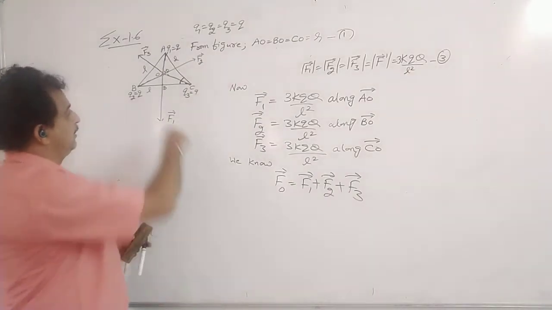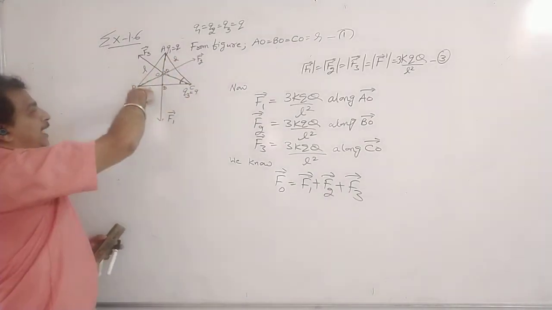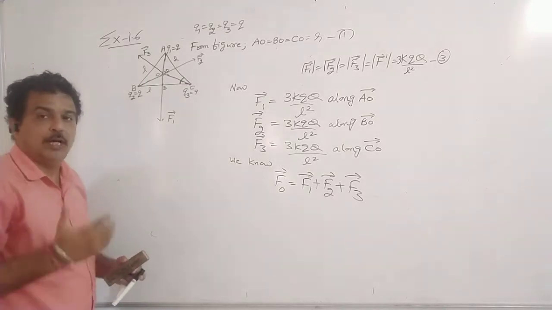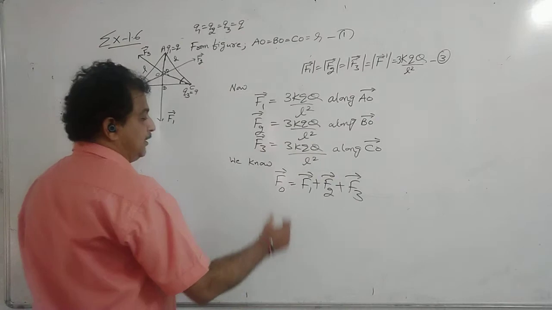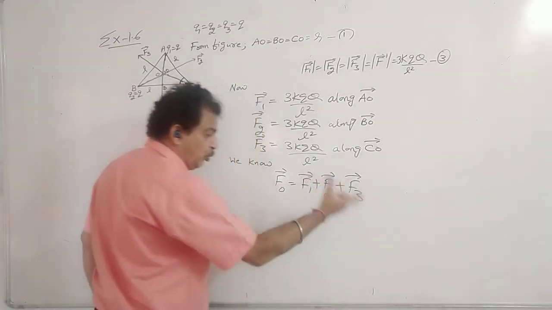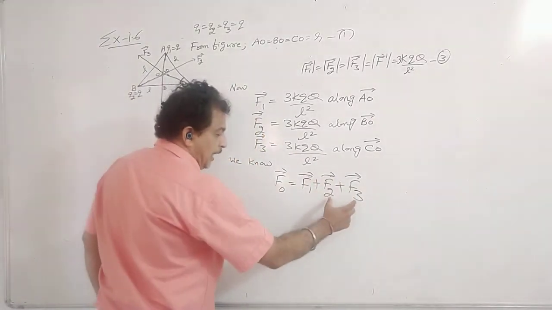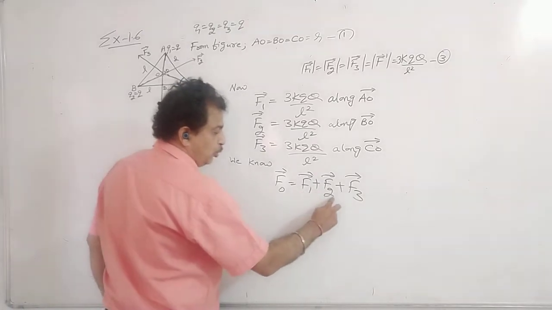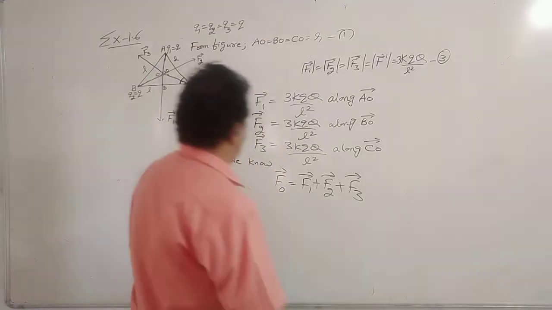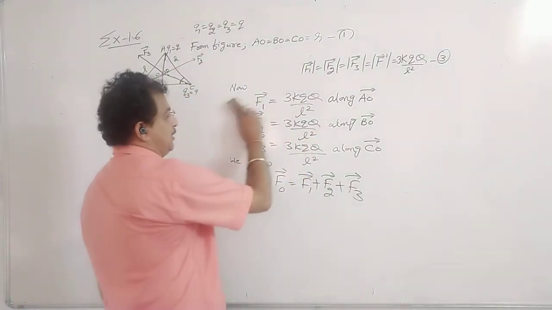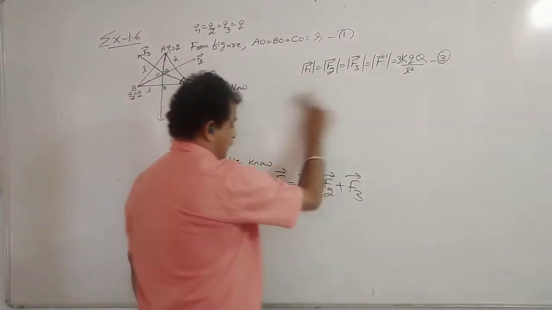Now if I see the diagram, the directions are different. Now I have to apply the law of parallelogram, and at a time I will add any two vectors. I can add F2 and F3, or 1 and 2, or 2 and 3, and I have to apply the law of parallelogram. You see this direction we have already written.